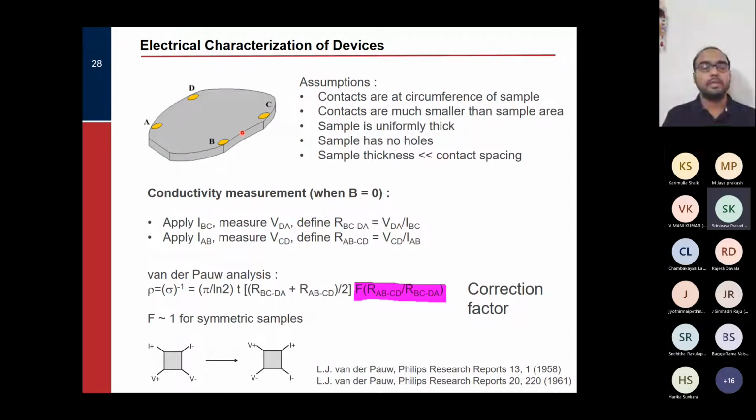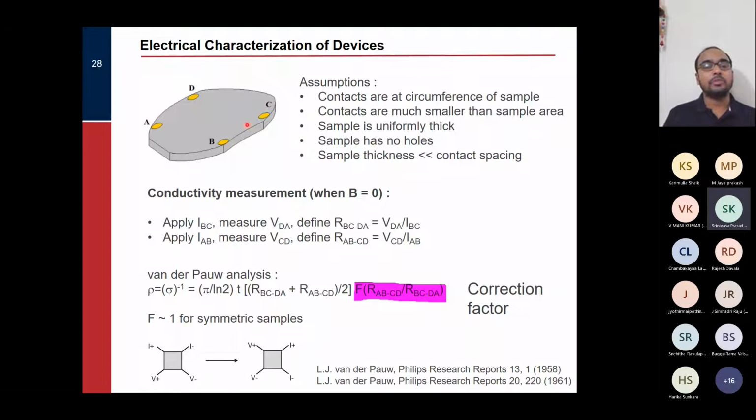So the thickness has to be smaller than the separation between these contacts. Since I am mostly considering conduction across the surface, that is, in the plane, that assumption is valid because the sample is quite thin, so there is only a very small amount of material present. It is mostly surface behavior.